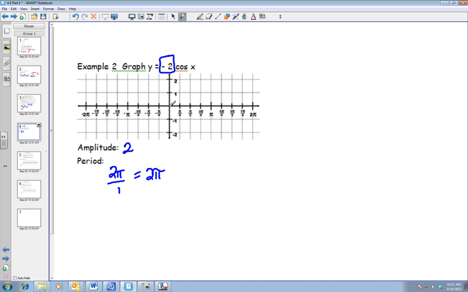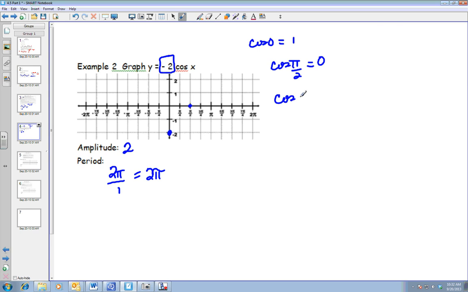So the cosine of 0 is 1. So at 0, I normally go up 1. But now I'm going to go up 2, and since it's negative, that means I flip it around and I'm going to go negative 2. Let's find our other easy point. The cosine of pi over 2 we know is 0, so it's still just 0.